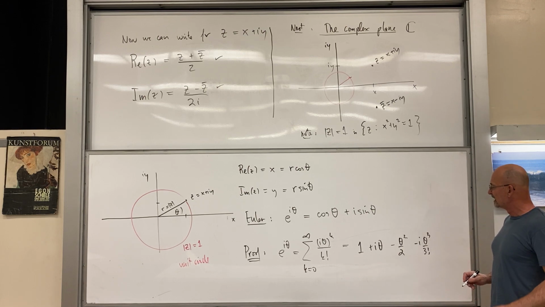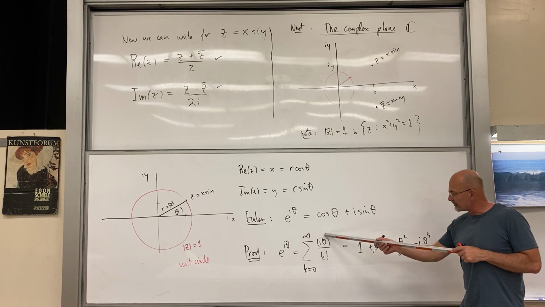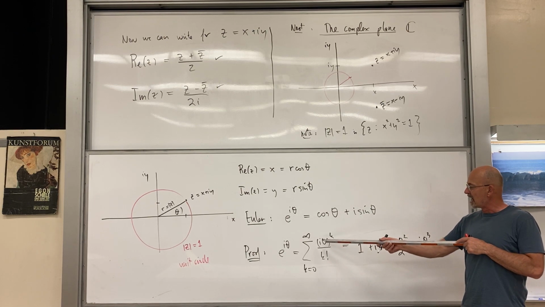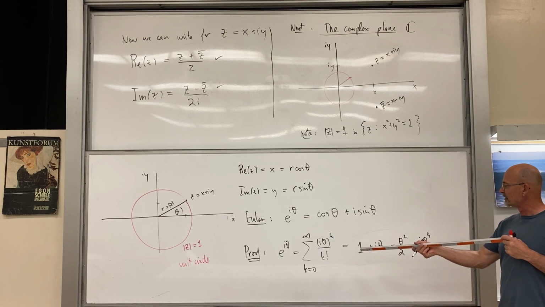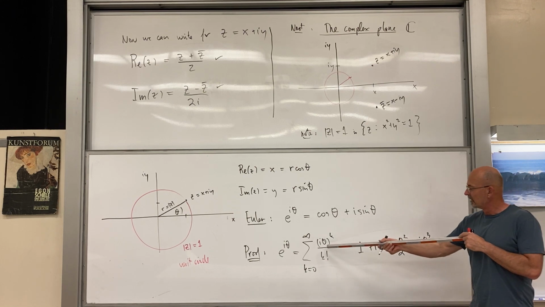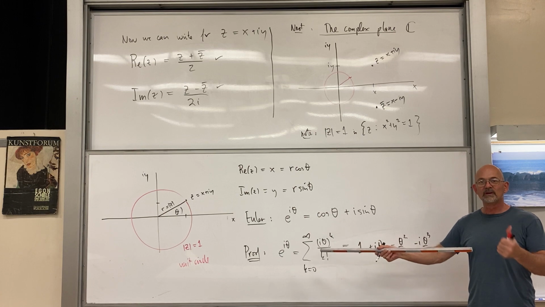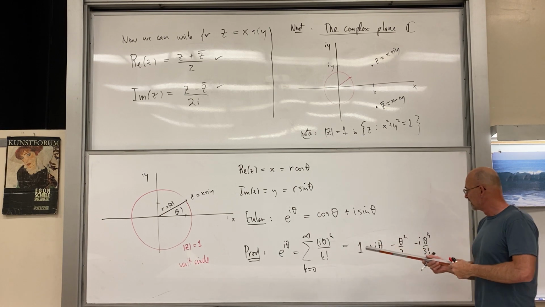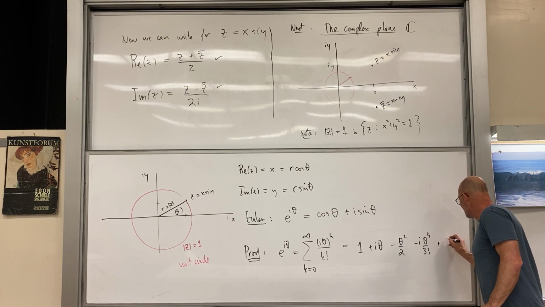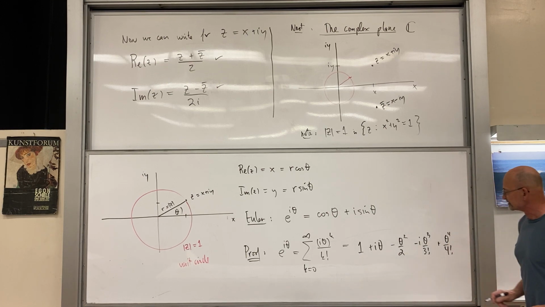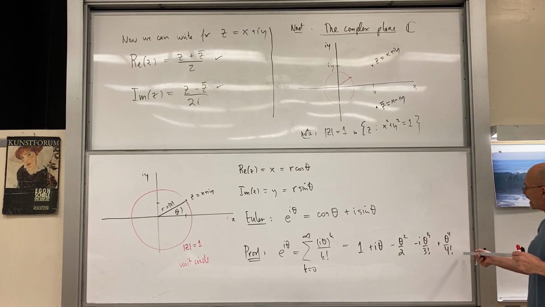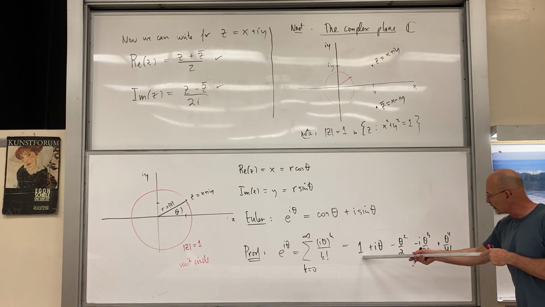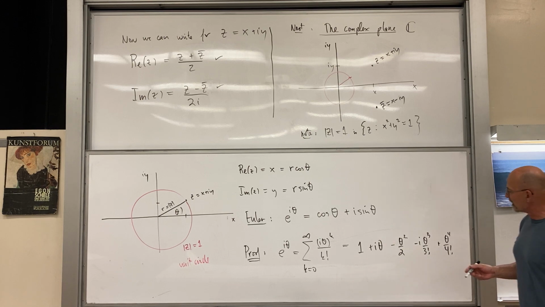And then what? i to the 4th theta to the 4th over 4 factorial. i squared is minus 1. Another i squared is times minus 1. So minus 1 times minus 1 is plus 1. So we're going to have plus theta to the 4th over 4 factorial. Now if you keep going on this, and you don't have to go out to infinity by any means, you're going to see we have real and imaginary parts.